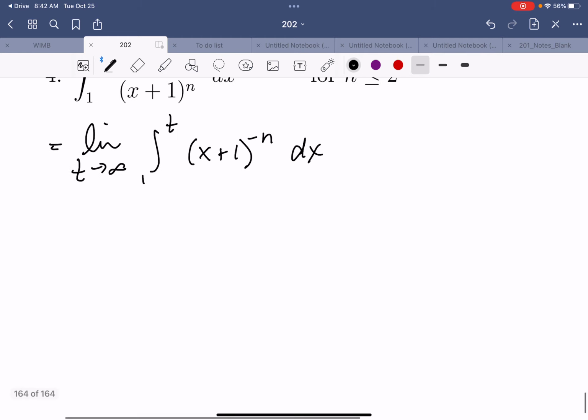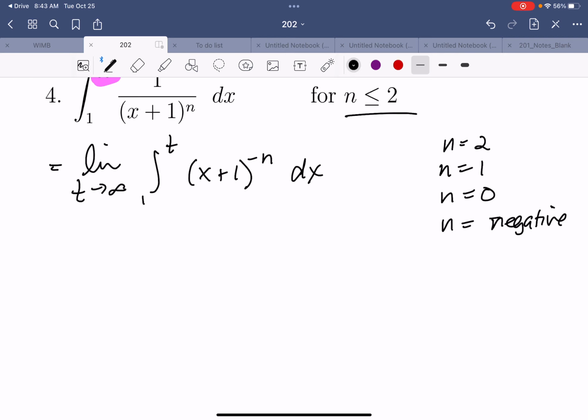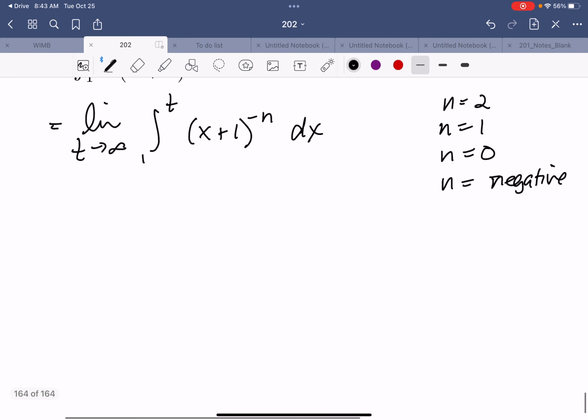Okay, so we've got to think about what's going on here. n could be anything less than or equal to 2. So n could be 2, n could be 1, n could be 0, and n can be negative. The only one of these that's going to be different is this one here.